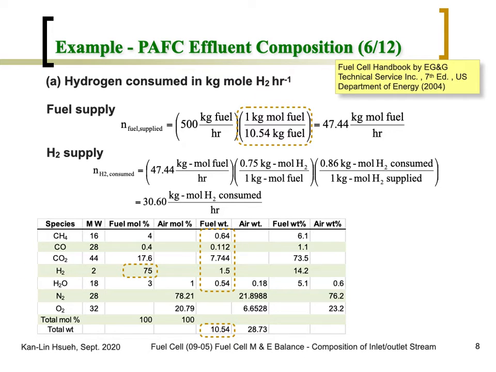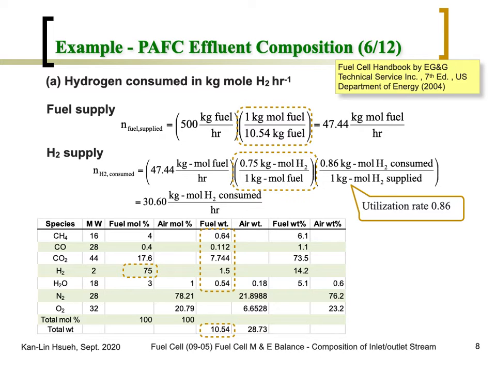And next, we're going to calculate the hydrogen supply. The hydrogen composition is over here, 75%. So each mole of fuel has 0.75 kilomole of hydrogen. So we have 47.44 kilomole fuel supply per hour times this hydrogen percentage. And then we also calculate the utilization rate, which is 0.84.